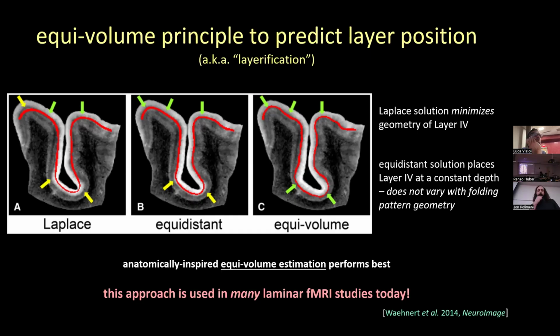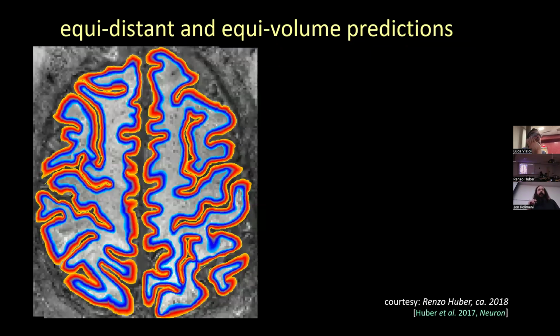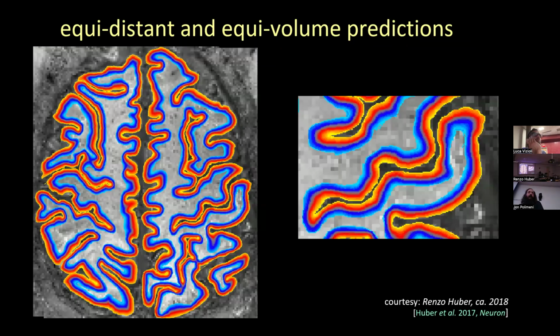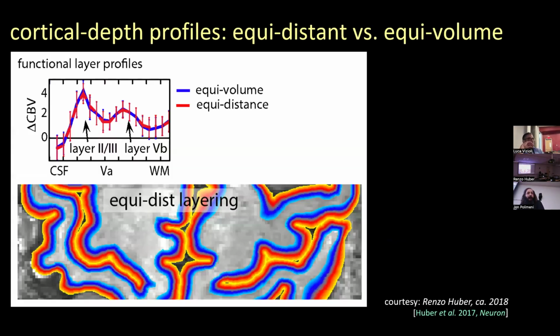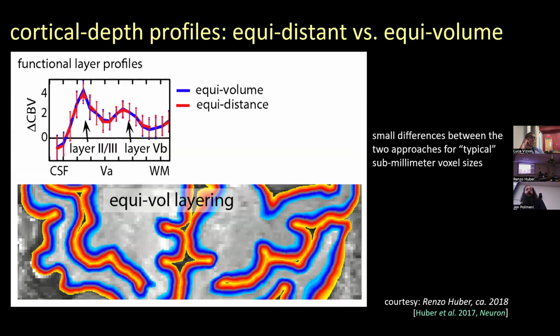Here's an example provided to me by Renzo many years ago, looking at the depths predicted from the equidistant approach and the equivolume approach. You can see that there are subtle differences. Of course, the two are very similar in regions where the cortex is nice and flat, but in regions where the cortex is curved, there are some discrepancies between these two predictions. If we look at cortical depth profiles between the two approaches, at least in this case, we see small differences for typical sub-millimeter voxel sizes.